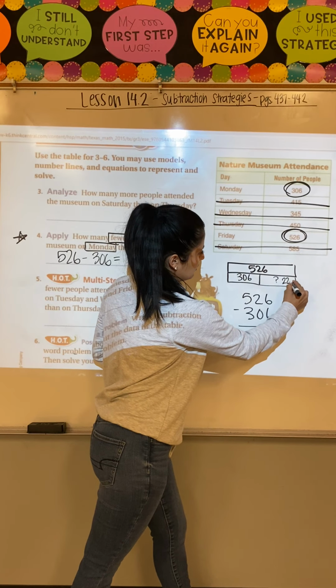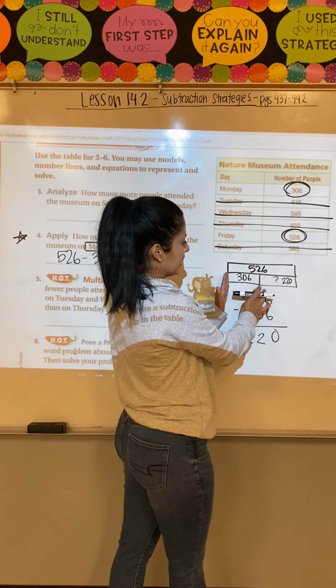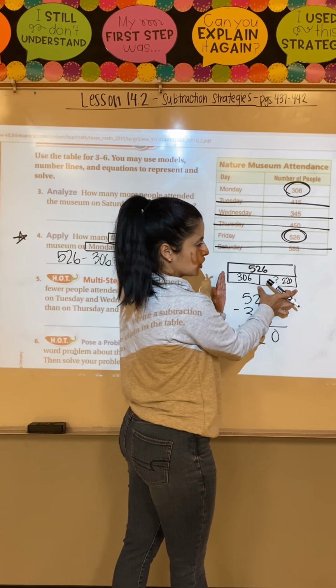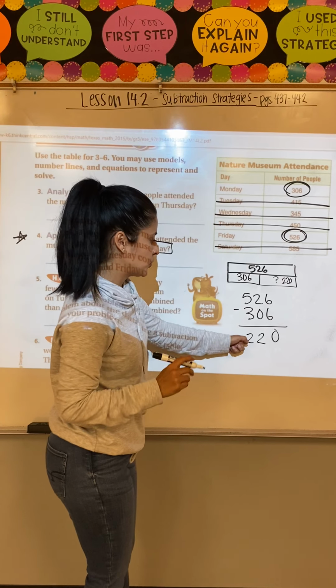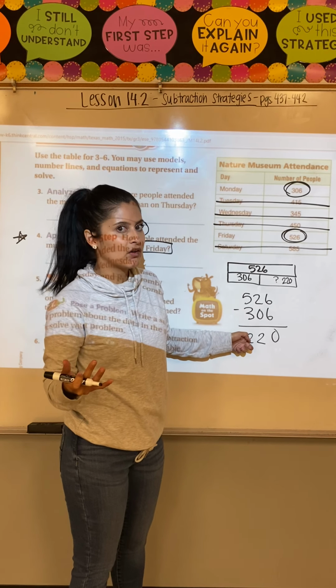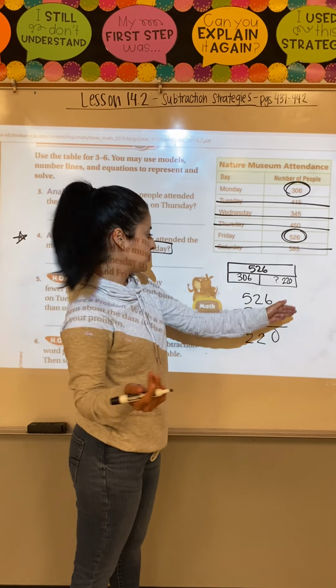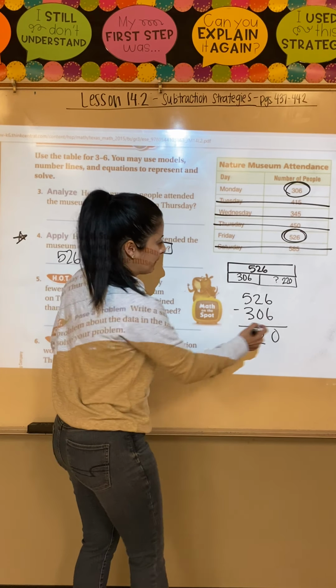Now, does this make sense? If I have 306 and I combine 220 more, would these two parts together form 526? Also, is 220 a fewer amount, a less amount? Yes. Now we subtracted here with 3 digits. Let's use our inverse operation to check, meaning let's put 306 and 220 together.